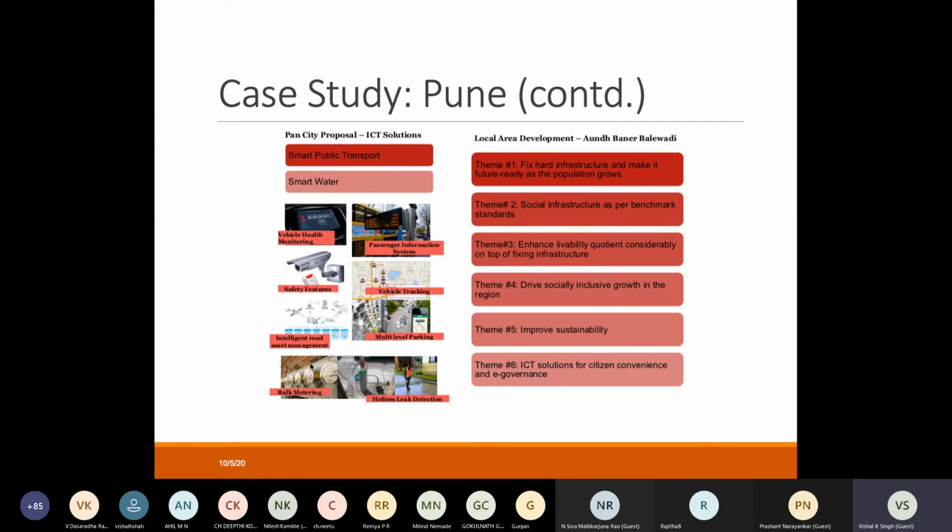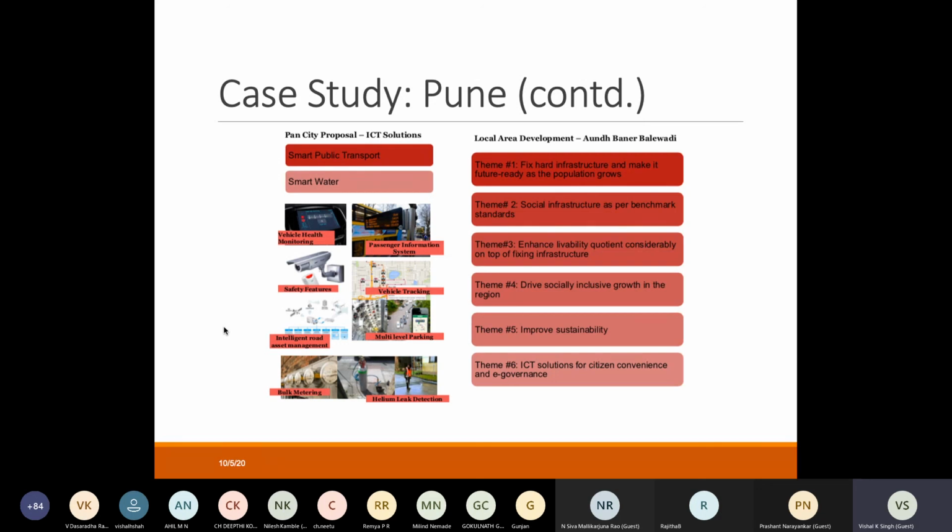Now, again, there are intelligent road and asset management systems, and these can be of many kinds. For instance, the smart traffic system allows you to generate a heat map of the traffic in a specific area, and accordingly the traffic lights are switched between red, green, and yellow according to the traffic.